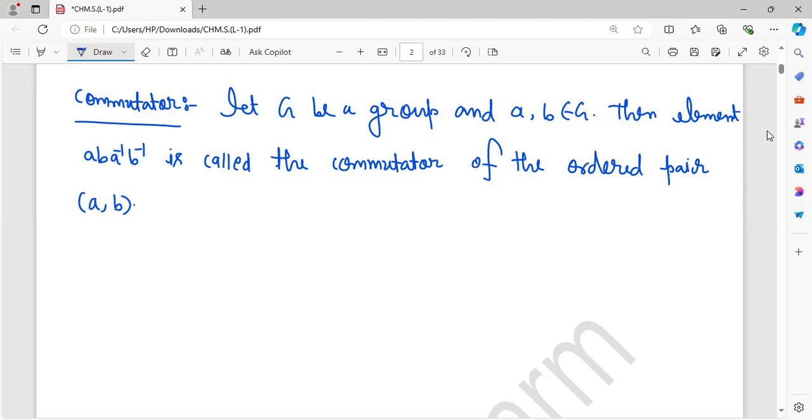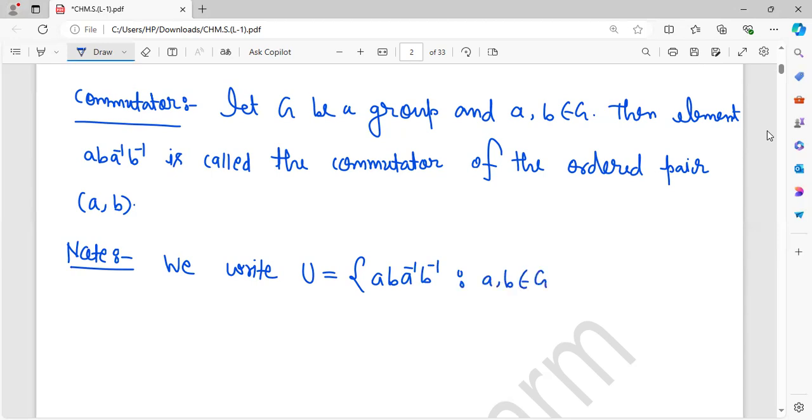Okay. Now we write U is equal to a inverse b inverse such that a, b belongs to G, where G is a group.